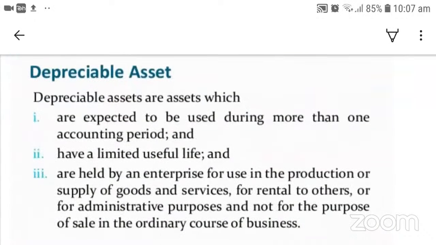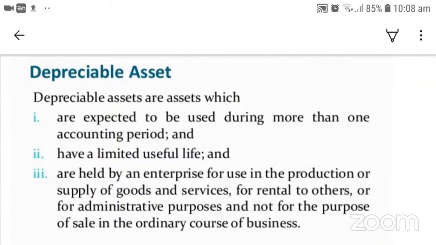Depreciable assets are assets which are expected to be used during more than one accounting period.